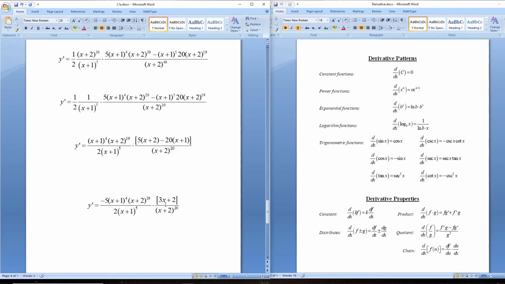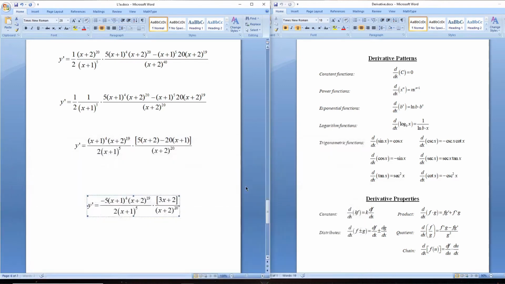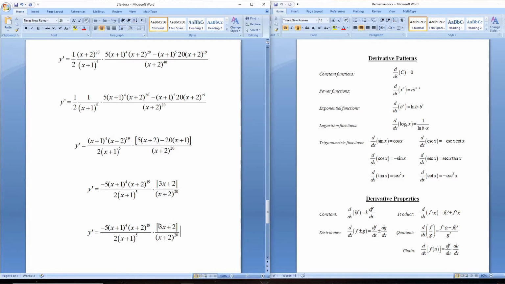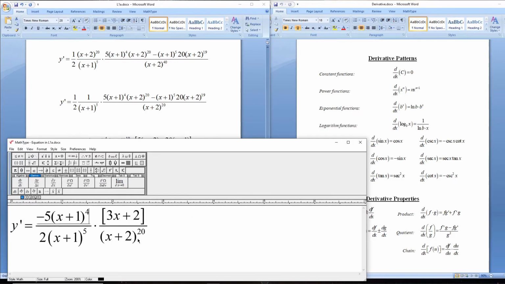Oh, wait a minute. There's more x plus 2's that cancel here. Actually, let me leave that as a step. And x plus 1's. Wow, all sorts of stuff. So we've got 19 of these. We'll take out 19 of these to leave 1 left down here. We've got 4 of these, so I'll take out 4 of these to leave 1 of these left.